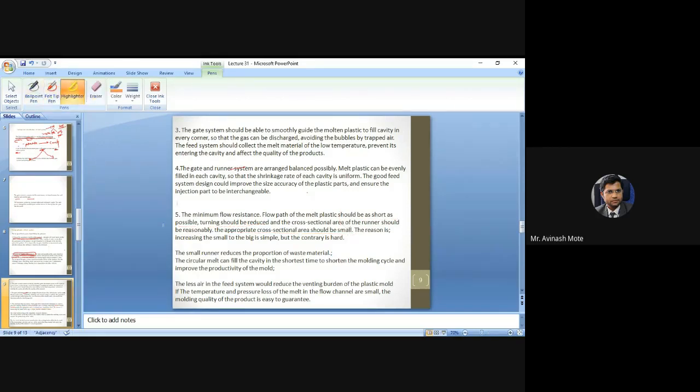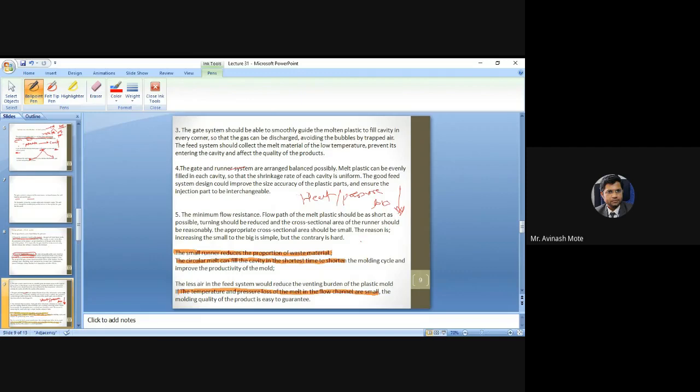That's what is mentioned here. The small runner reduces the proportion of waste material, wastage in the cavities. The circular melt can fill the cavity in the shortest time, and the same thing, if the temperature and pressure loss of the melt in the flow channel are small. If I want to generalize this point, heat and pressure loss should be minimum.